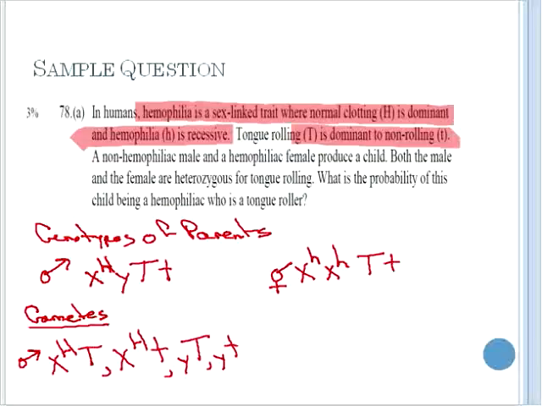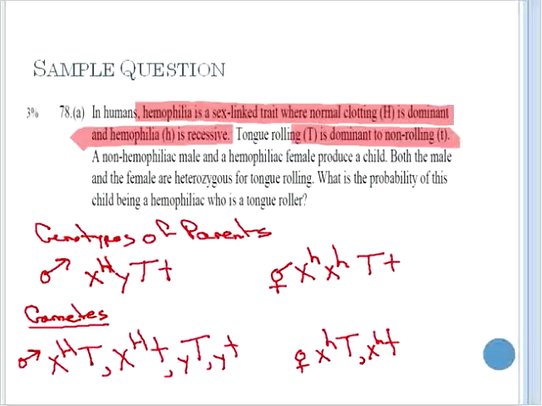For the female, she can produce X little h big T, X little h little t. The other two gametes are simply repeats, so I won't write them in.